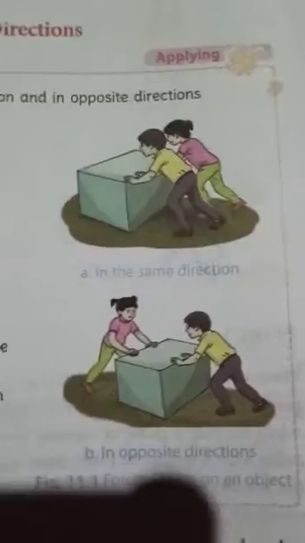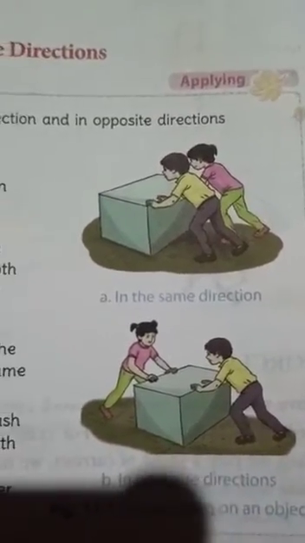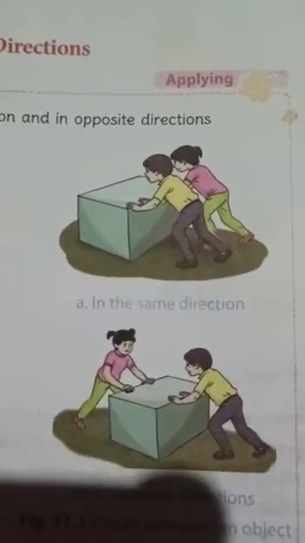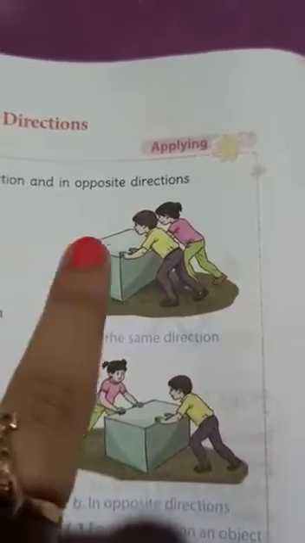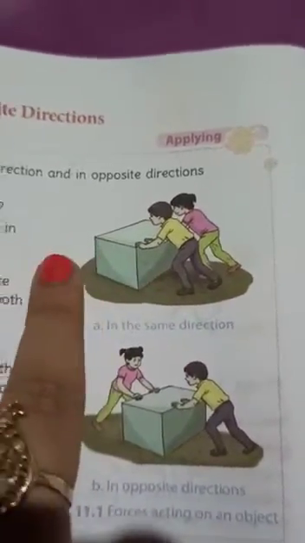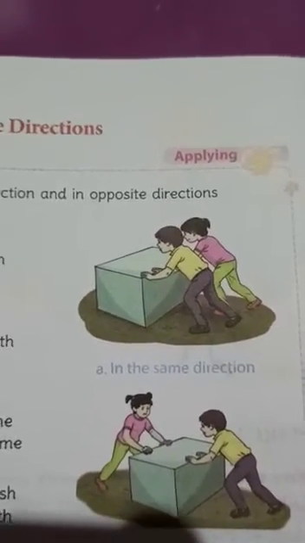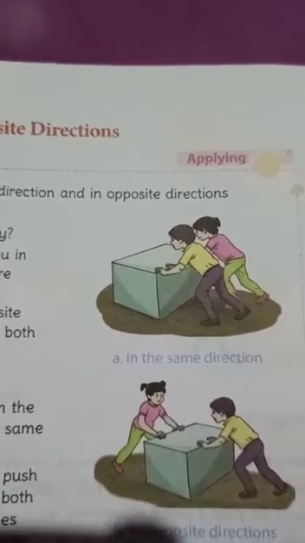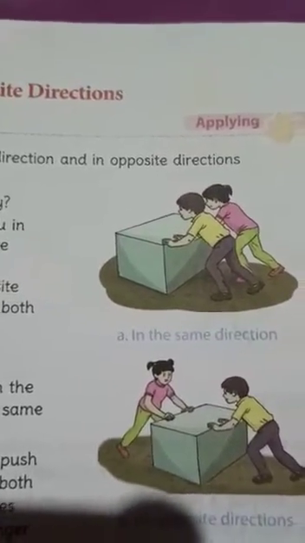In the first figure, when the boy and girl were pushing the box, equal forces were applied in the same direction. So the box will move in the direction in which they are applying the force, isn't it? And forces acting in the same direction add up.